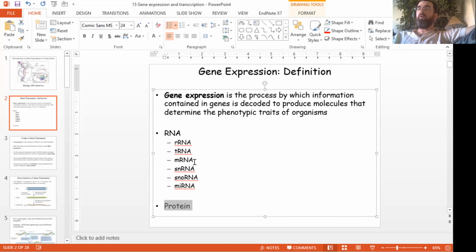Obviously we have mRNA, which is the intermediate between DNA and protein. But we also have a whole wide other range of RNAs.